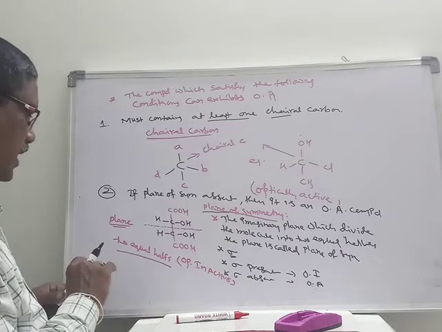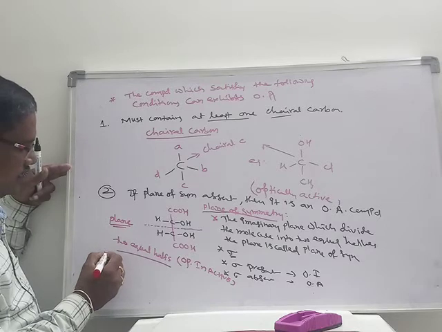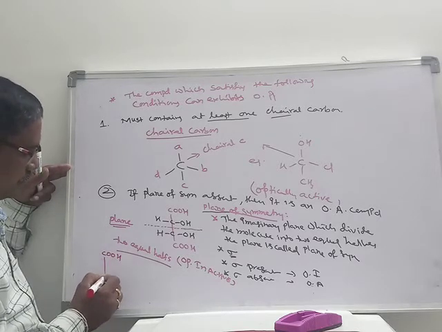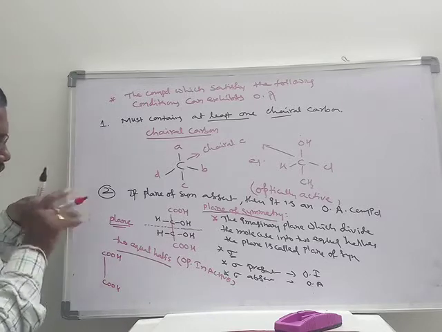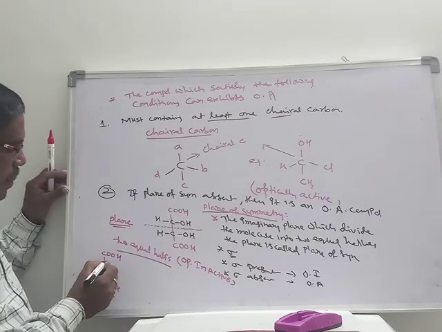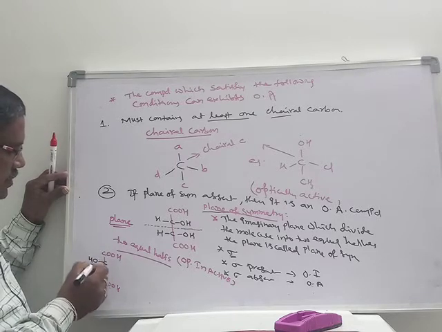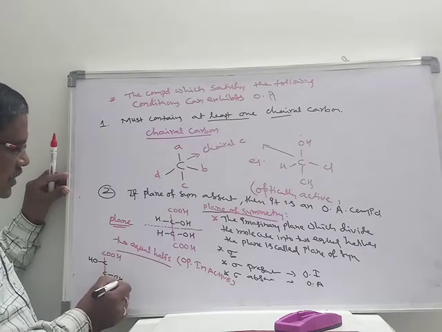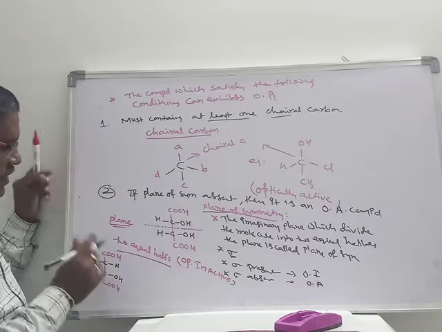Okay. Take another example. This is COOH and carbon, here also carbon. Here the left side is OH, right side is OH. Here the right side is hydrogen, here the left side is hydrogen.